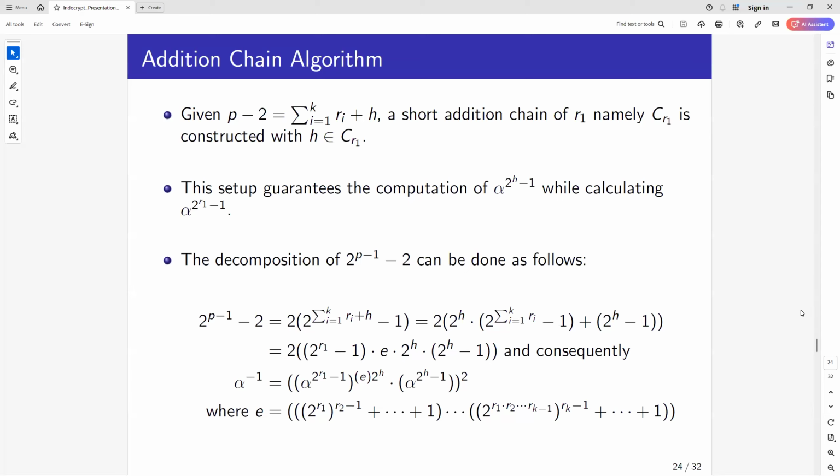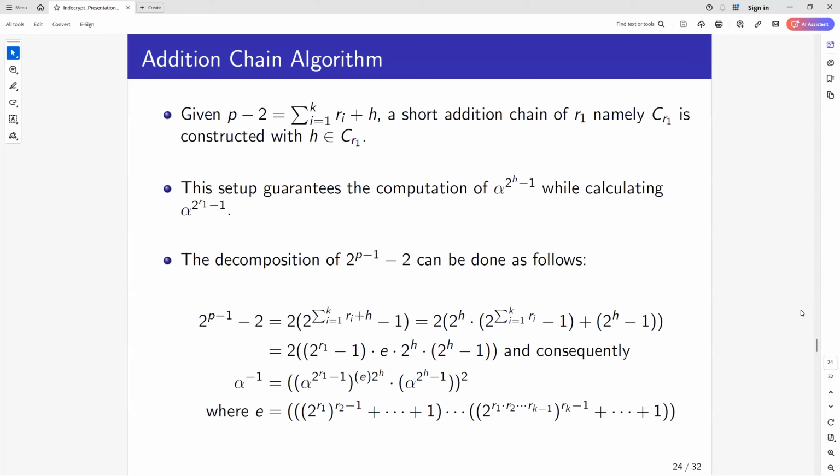So how does the addition chain algorithm work? Again, we do a similar kind of decomposition for p minus 2. Again, it should be a product of ri plus h. What is different here is that we have to make this decomposition very carefully, such that h is in the short addition chain of one of the factors, r1.